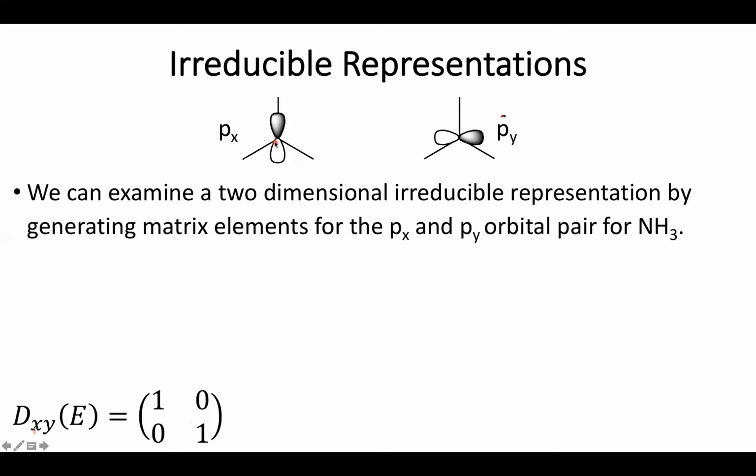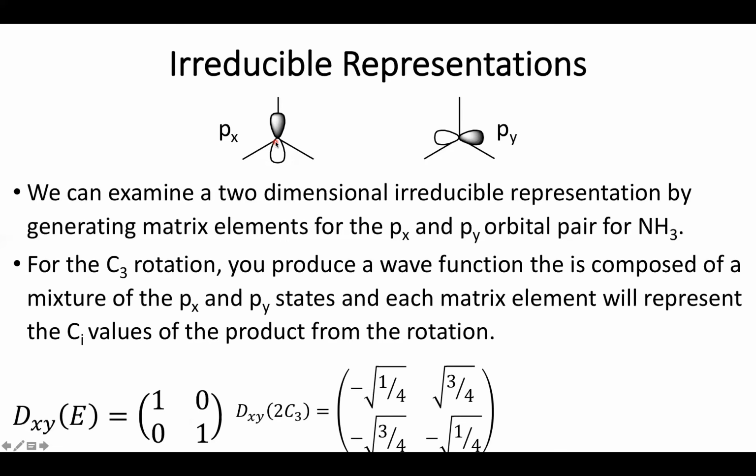And so I can represent this again in a matrix notation. But because it's a linear combination, the value I'm going to plug in each of these elements are going to be my ci values, which, as a reminder, is going to be the square root of the probability of finding it in each of these cases.